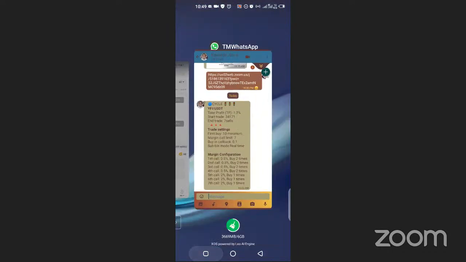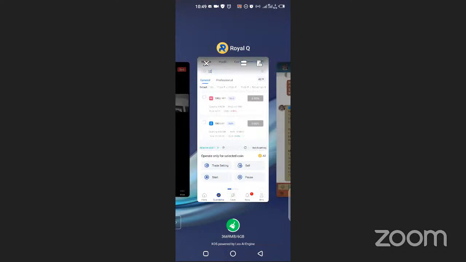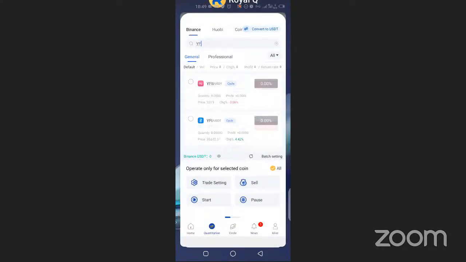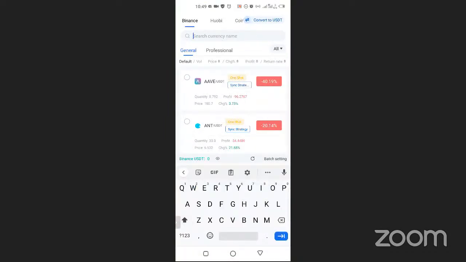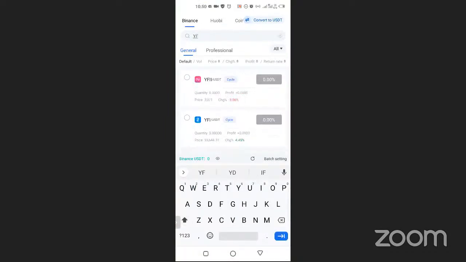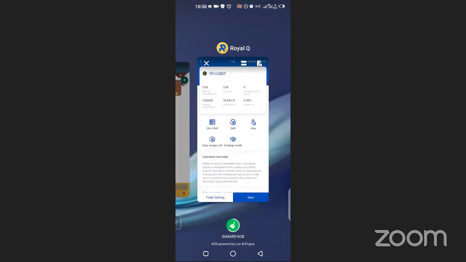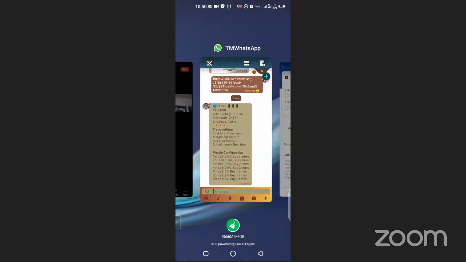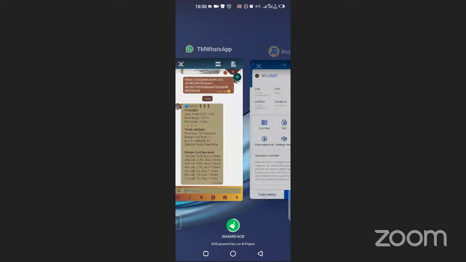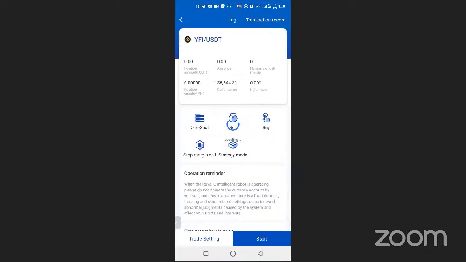Now, when you search, you see YFI. When you trade this one, it's not the same signal. These are 2 quotes. It means the right one is this. So I tap on it. Okay, when I tap on it, I read again. It says, take profit is 1.3. So what do I do? I open the coin.